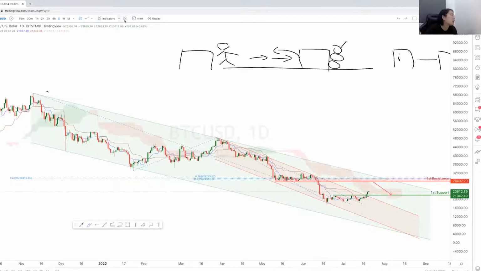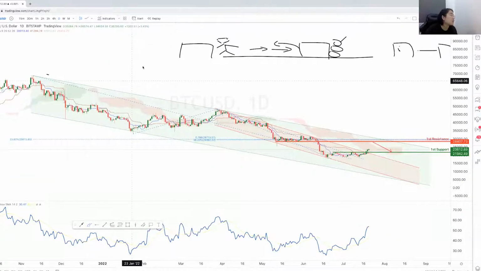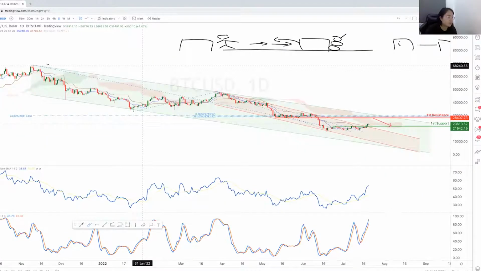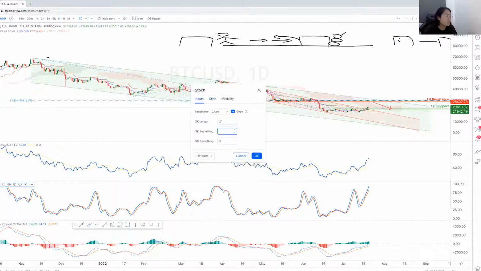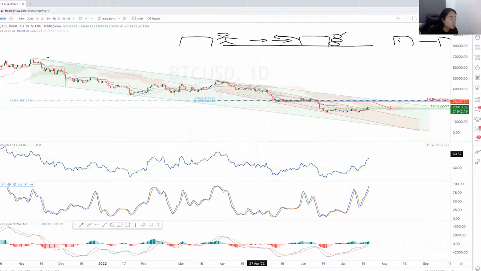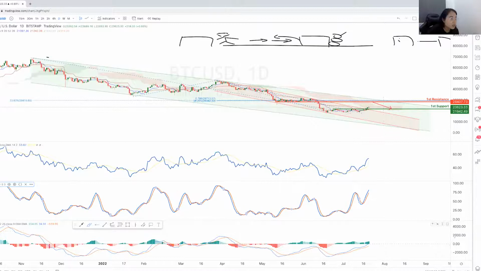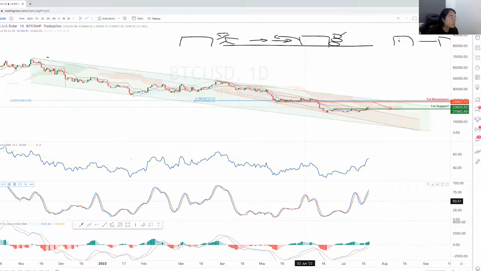Let's see if RSI, stochastics, and MACD are supporting our analysis. For those who don't understand how to use these indicators, I'm so sorry, I wouldn't be able to explain every indicator in detail today, because these are topics on their own.